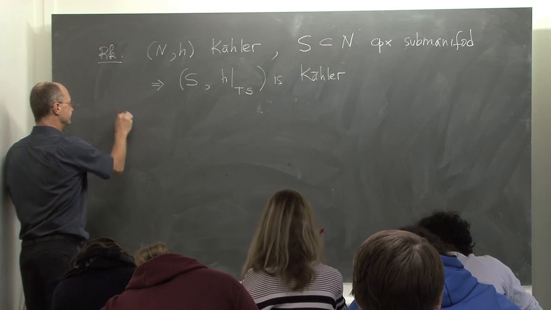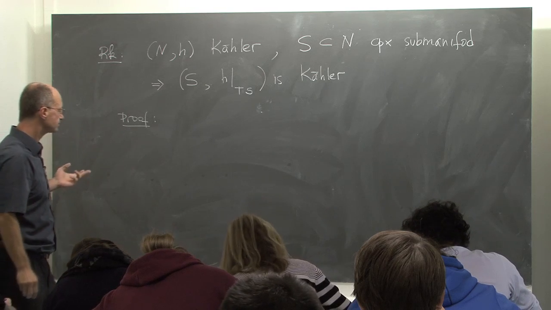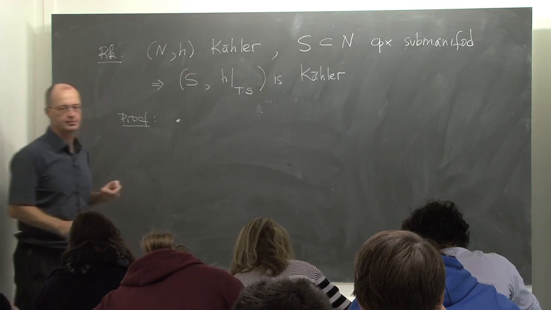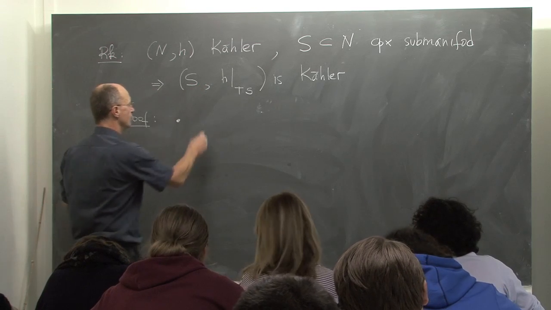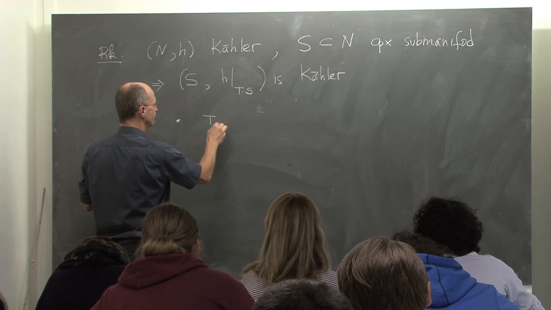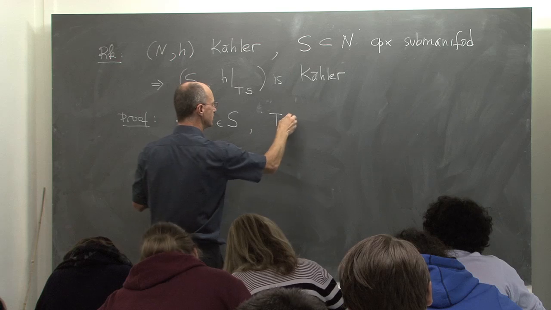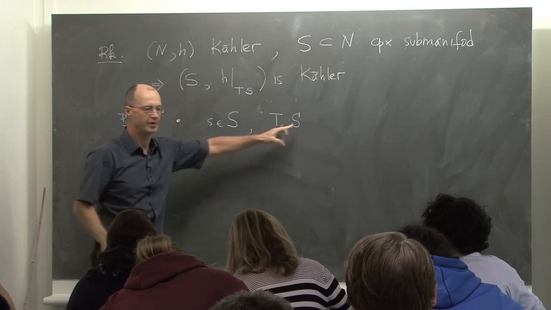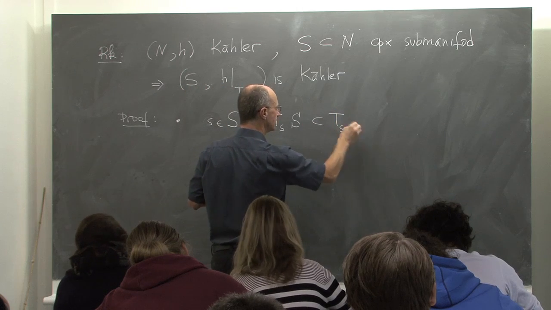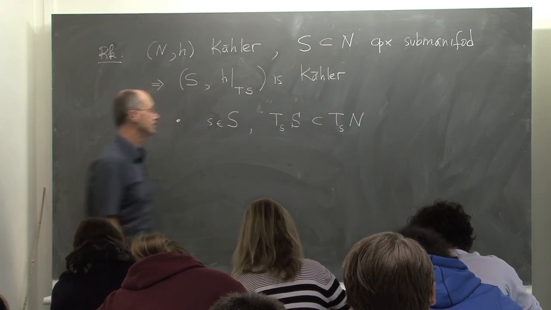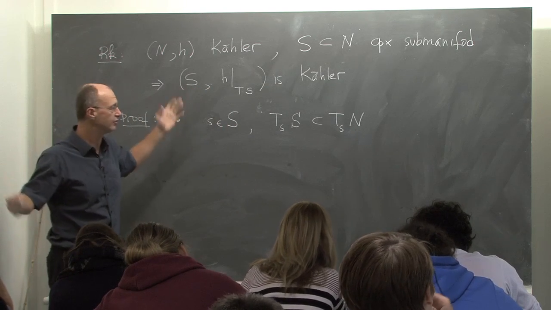So why is that? Basically, there are two observations which are both very easy. The first observation is, of course, for any point s of S, the tangent space at this point is a complex subspace of the tangent space in the big manifold.